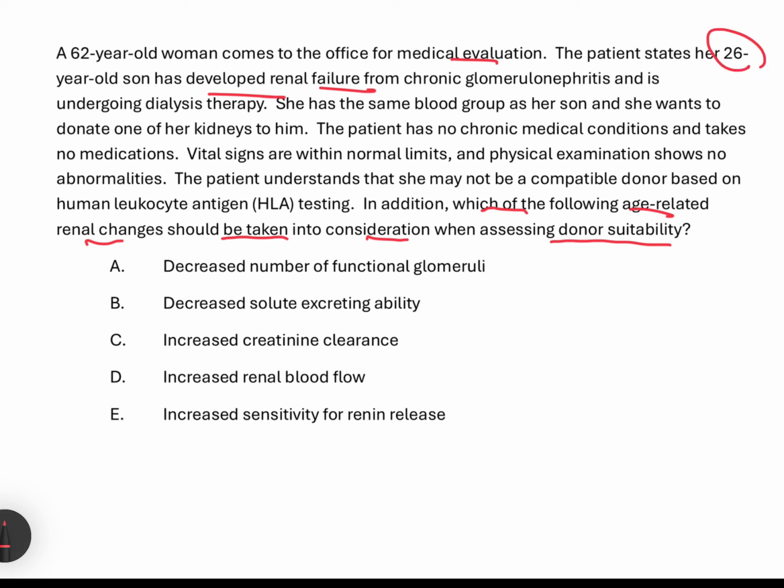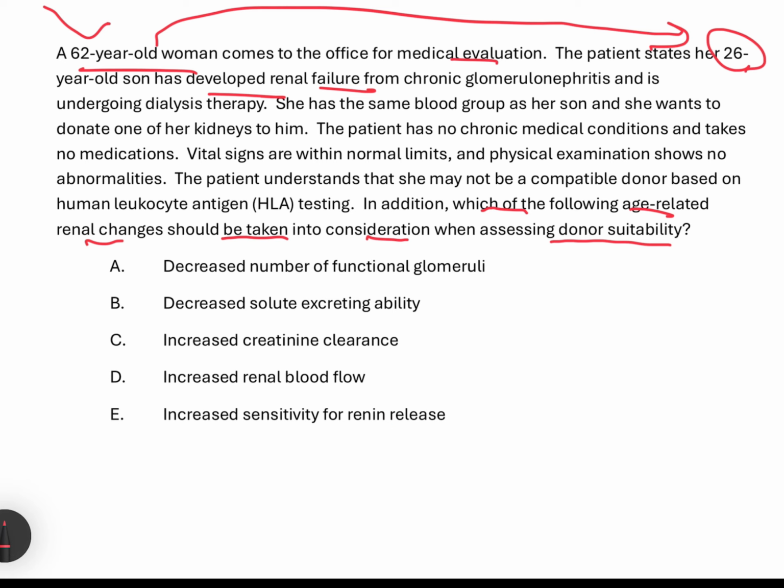A young person has renal failure and that woman is going to donate her kidney to her son. But we have to think of one thing: in a 62-year-old woman, normal aging changes are happening in her kidney.